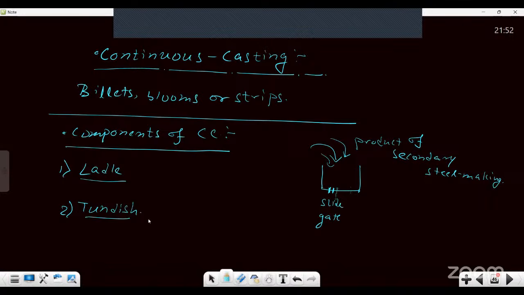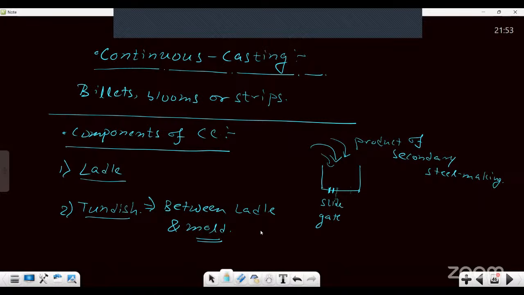What is tundish? Tundish is a metal distributor which is located between the ladle and the mold. Suppose you have the ladle. I show you. So tundish, you always remember, will always be there between ladle and mold.